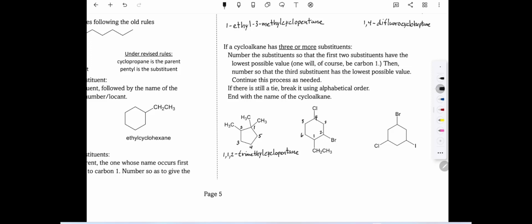Let's list our substituents alphabetically. So we have 2 bromo, then 4 chloro, and I'm going to go on to the next line here. So 1 ethyl, cyclohexane.